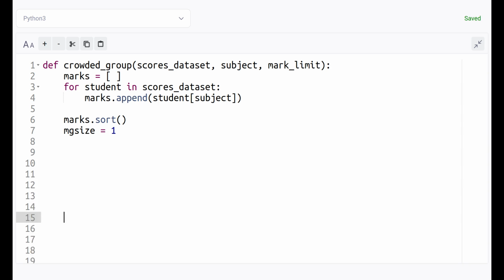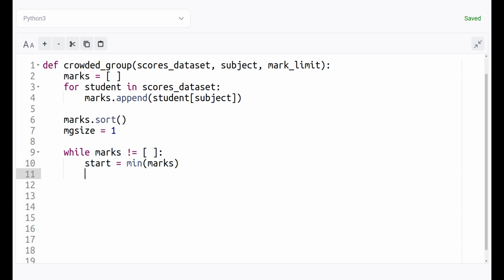Now, as long as the list marks is not equal to the empty list, we extract the smallest element in the list. That's the leftmost element, but we can just use start equal to min of marks. Since it's sorted, this is the leftmost entry.